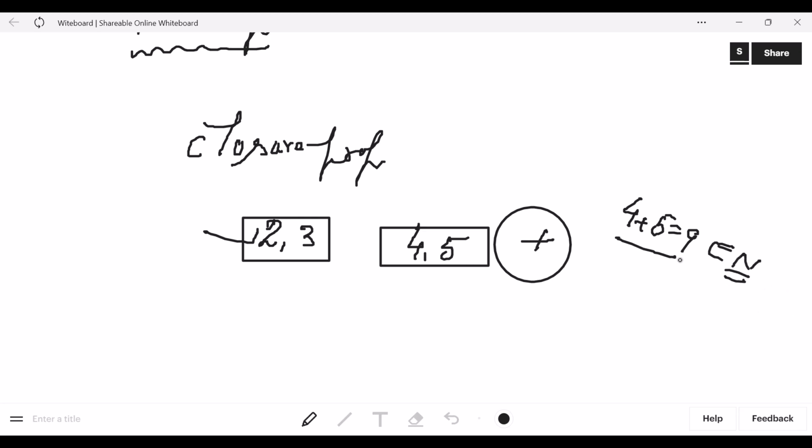It means 4 and 5 when added, the result belongs to same set, same collection. Therefore, the closure property under addition holds good, is valid in case of natural numbers.